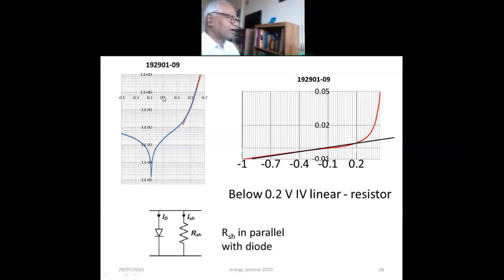That means on this characteristic, till about this current, all of it is going through this resistor, as given by this value. Many times, if you do thin films, this is a big problem. So it is important to subtract off this component of resistance so that you can see what a true IV looks like. Otherwise, it's very frustrating if you are actually doing this.